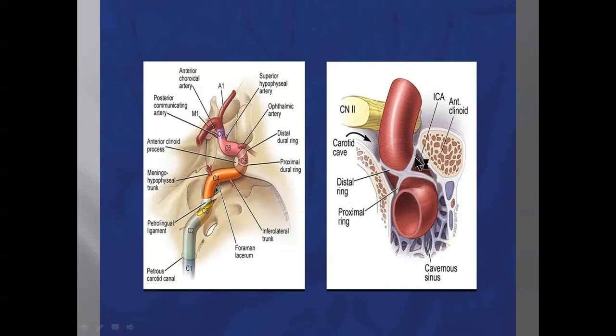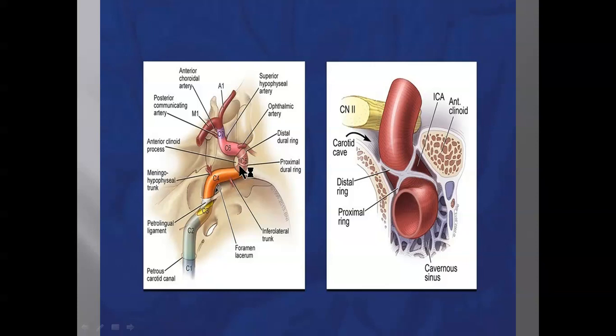They are not completely enveloping the internal carotid artery when seen from the posterior view. Here we can see the cavernous segment, vertical part. Here we have the posterior genu giving rise to the meningohypophyseal trunk. Then we have the horizontal part giving rise to the inferolateral trunk. And then we have the vertical part.